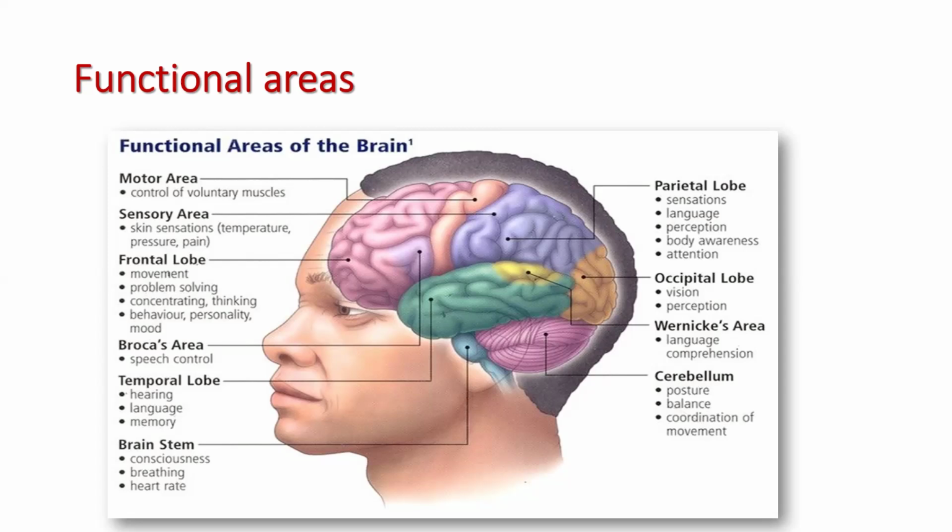Another area that is very important is also located in the frontal lobe, and it is called Broca's area, and this is responsible for controlling speech. Remember, we use verbal assessment in our Glasgow Coma Scale assessment.